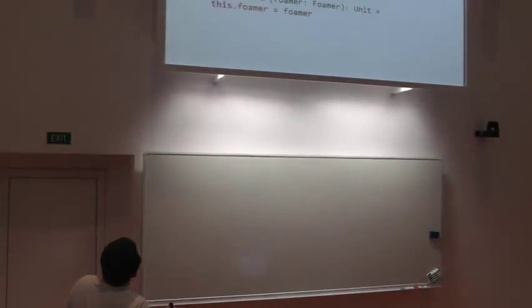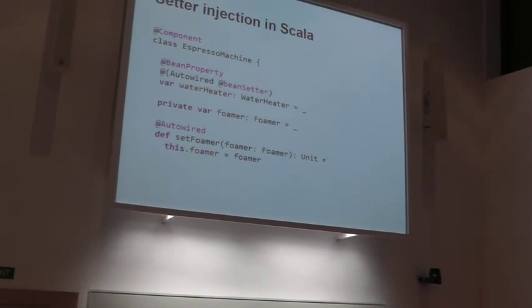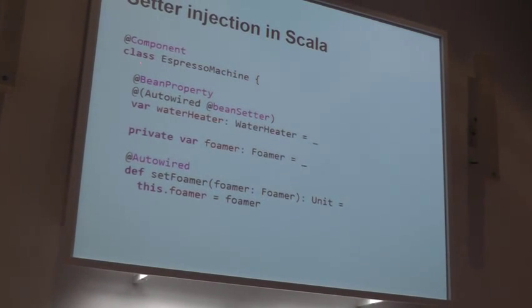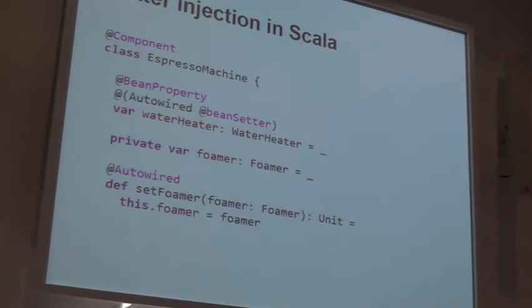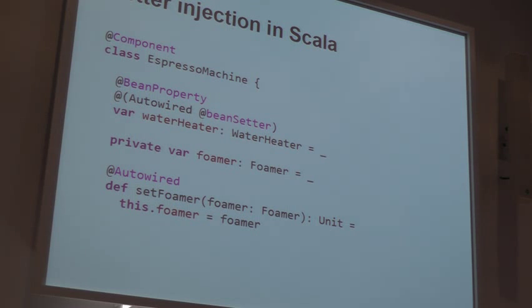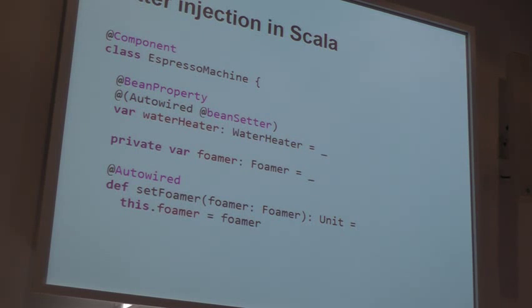So you just create the mutable field, the water heater, and you put the bean property annotation, and this will generate a Java Bean style getter and a setter in the generated class file. You need to put the autowired annotation just on the setter, so Spring would not be confused.